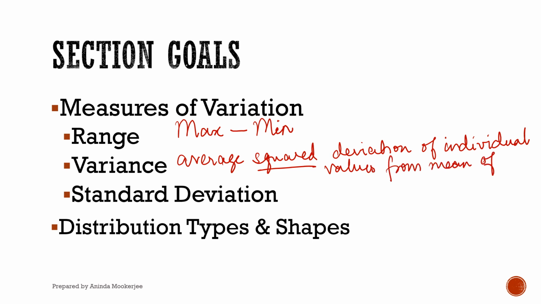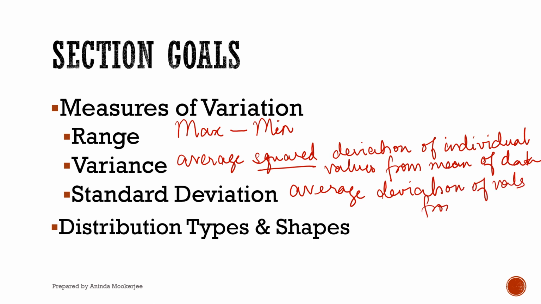And along with variance, we have what's called the standard deviation. What is standard deviation? Standard deviation is the average deviation of individual values from the mean. All right, so there's no squared in the standard deviation. So let me write that here. It's just the average deviation of individual values from the mean.